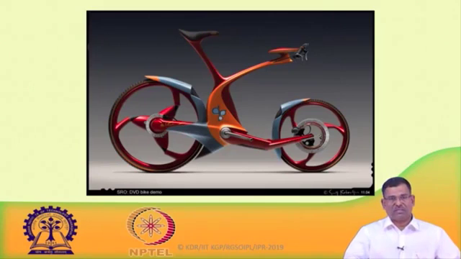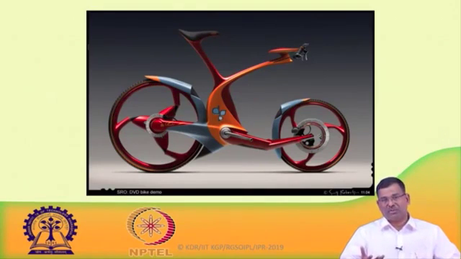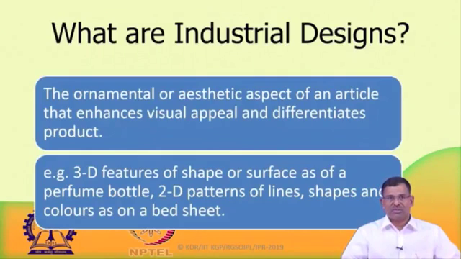For example, you can see this beautiful cycle, which is going to be sold based on its new design, which we have not seen in the market. If it is copied, then it is a complete economic loss to the maker of this design. The entire aesthetic aspect is the crux of design registration.